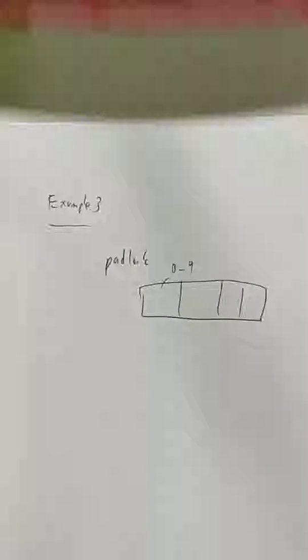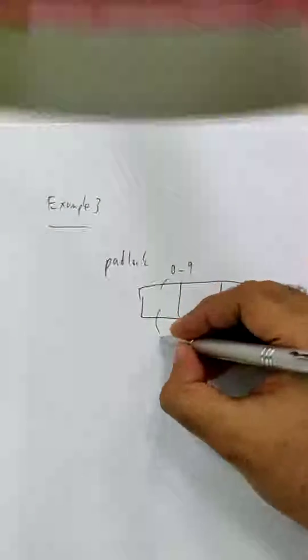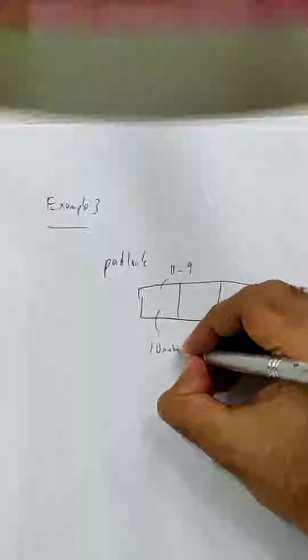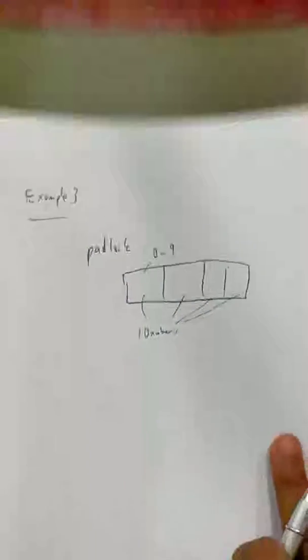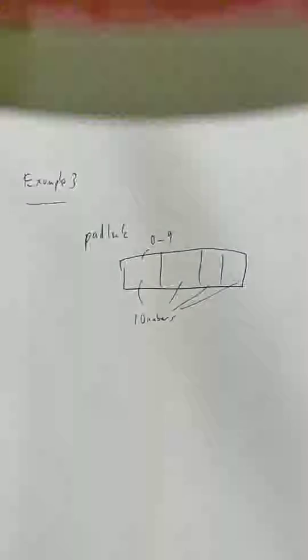So that means how many numbers are there? 10 numbers. So for each of these places you have 10 numbers: 10, 10, 10, 10. So right now, how many arrangements of numbers, how many ways can I lock? How many ways can I set the code?